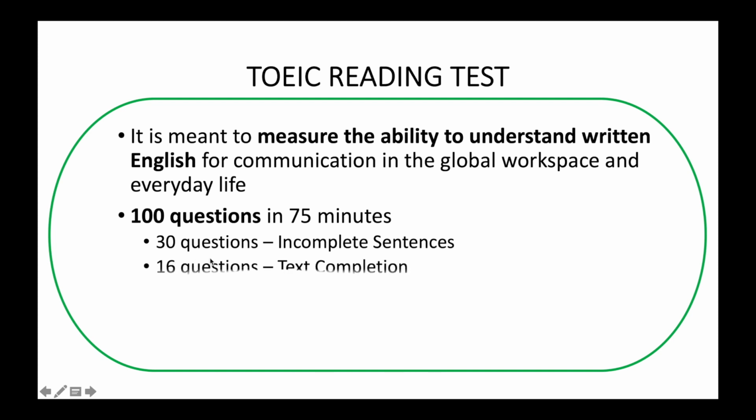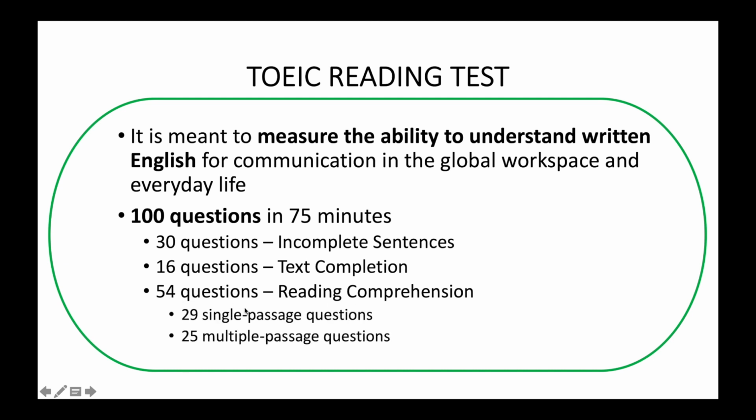The next one would be text completion. In this case, we will deal with the text, especially the 16 tenses of English, and then vocabulary, and other parts related to text completion. It will be presented in only 16 questions. And then the last one would be reading comprehension, 54 questions.